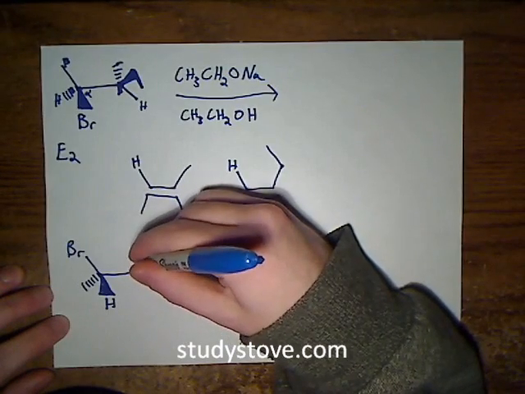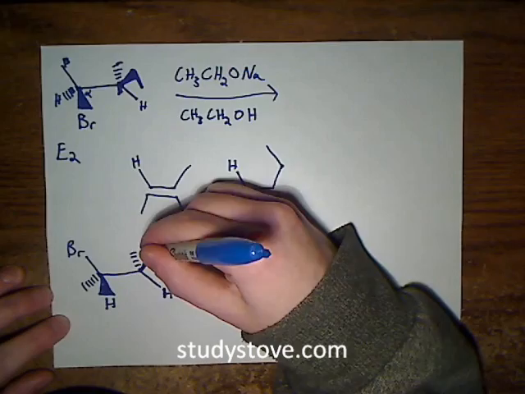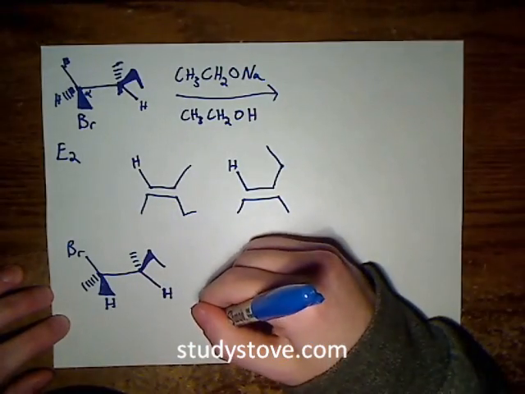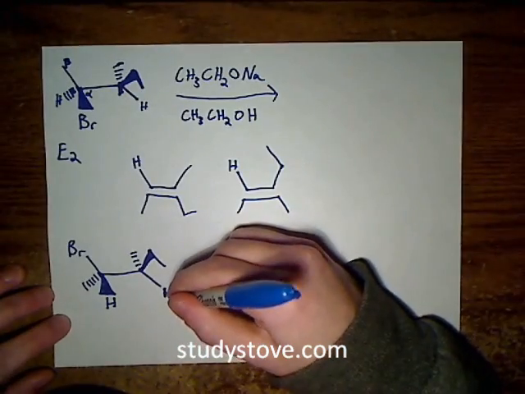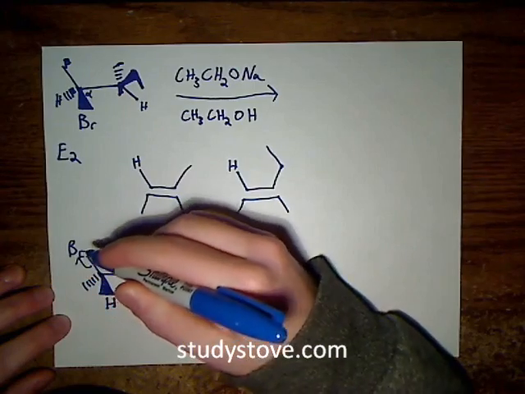And I'll just redraw our ethyl group right here. So now, just by looking at this, we know that our ethoxide comes in, takes the proton, forms the double bond, and kicks off the leaving group.